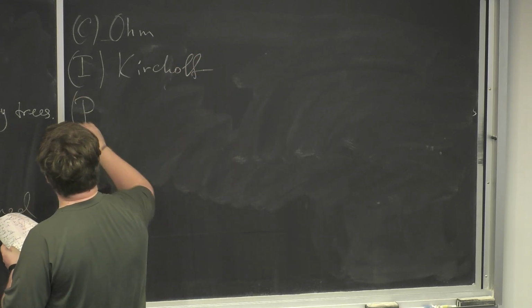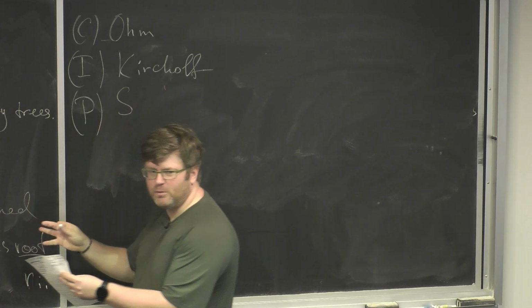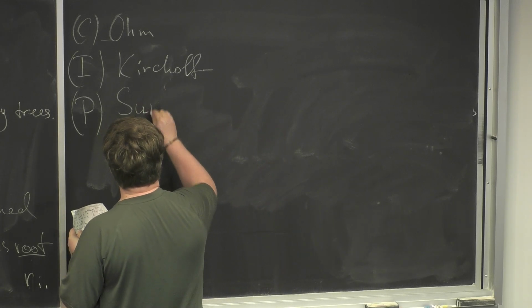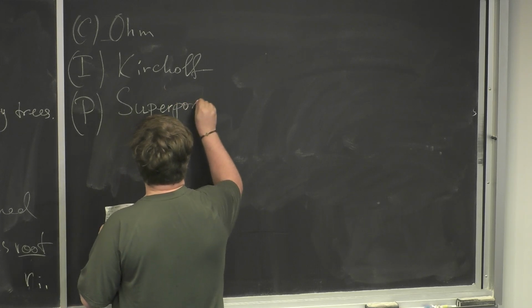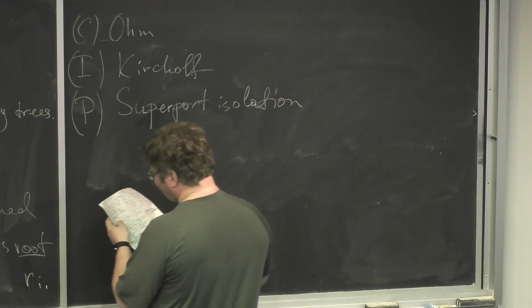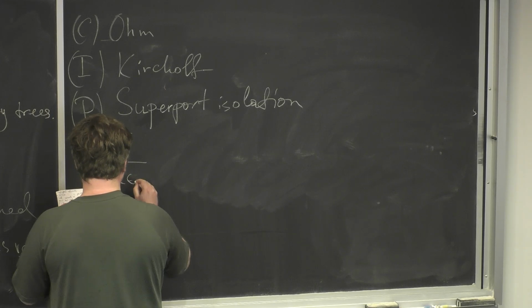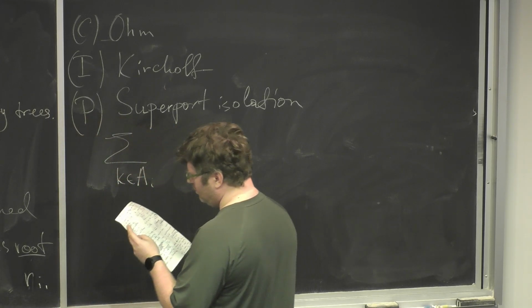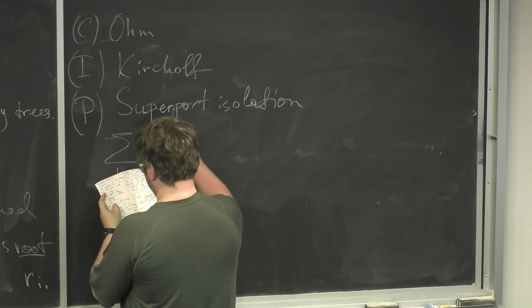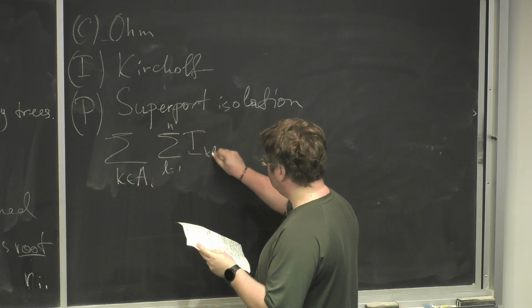But we have this additional condition, which is called superport isolation. So those AIs will be superports. And the condition superport isolation says the following: if we sum over all vertices in a particular superport the incoming current into this vertex, which remember itself is a sum N, KL.